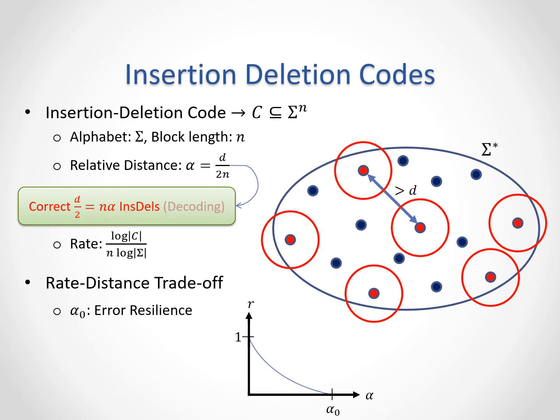The plot would probably look something like this. At the error rate 0, you would have full information rate, but as you increase the amount of the minimum distance that you want to guarantee, the rate would drop until it gets to 0 at some point alpha 0. And this quantity alpha 0 is what we call the optimal resilience for insertion and deletion codes. That is the highest fraction of insertions and deletions that one can correct errors from while maintaining positive information rate.